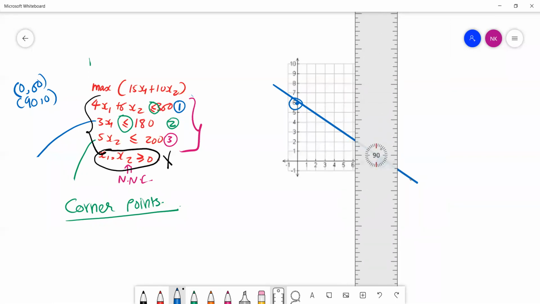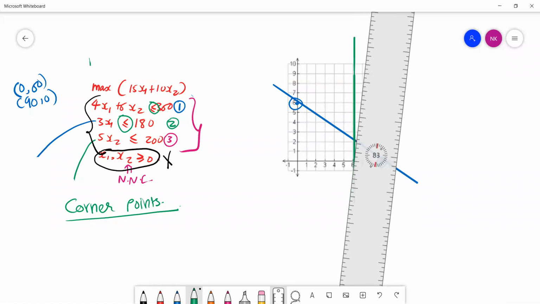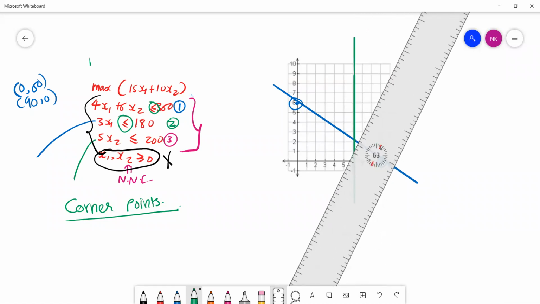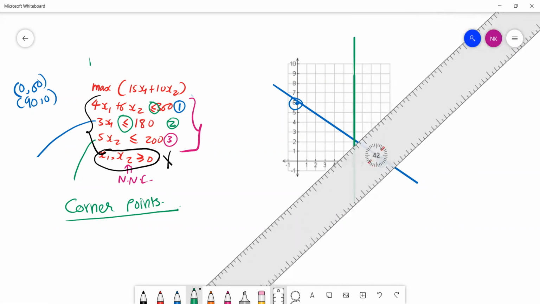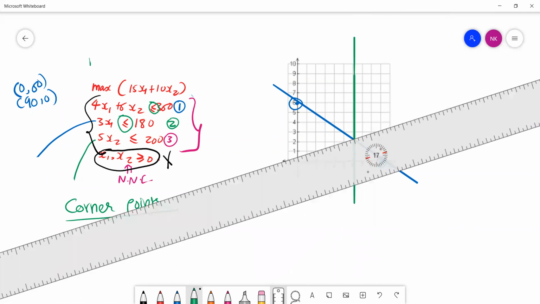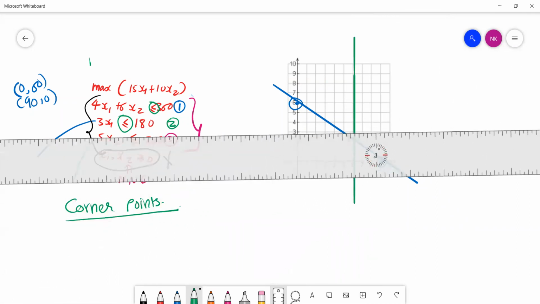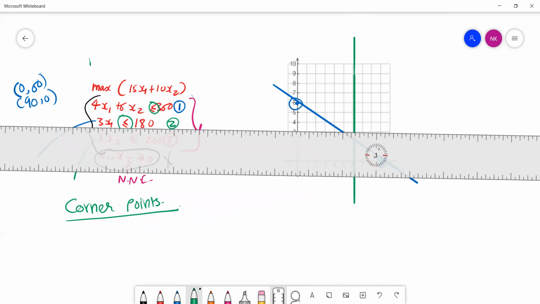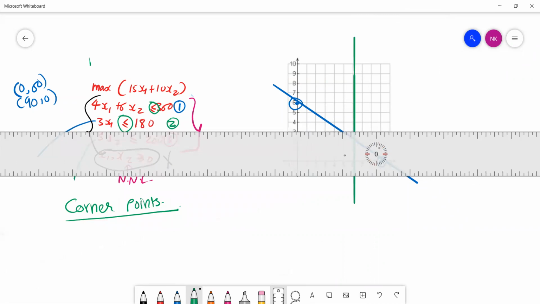This particular one will be drawn with the green. And x2 equals 40. Okay, x2 equals 40.